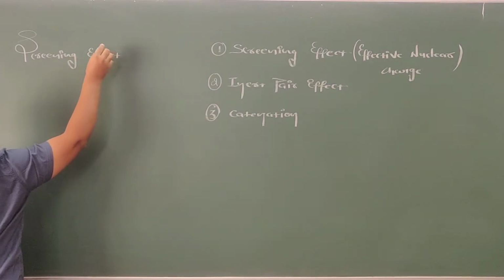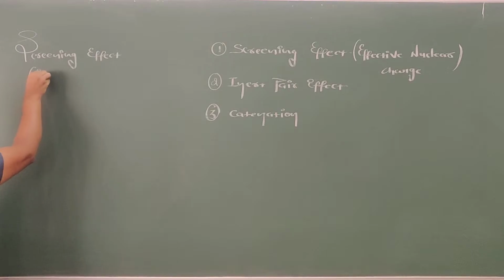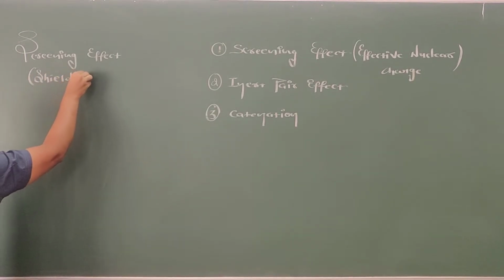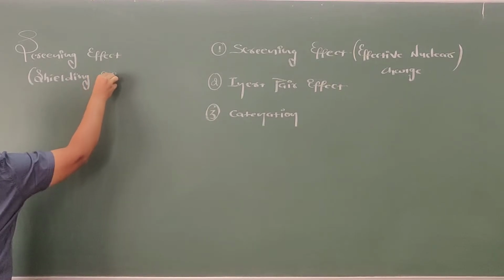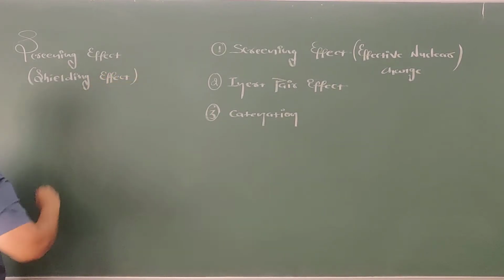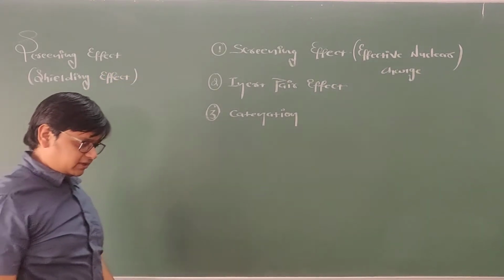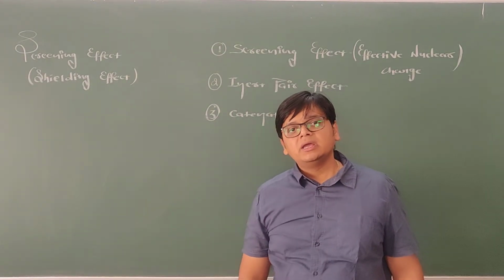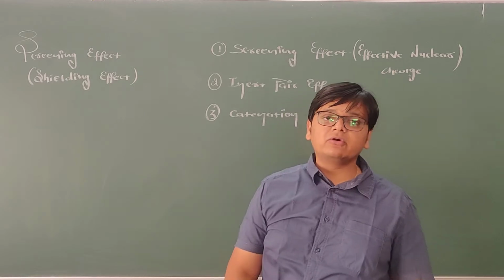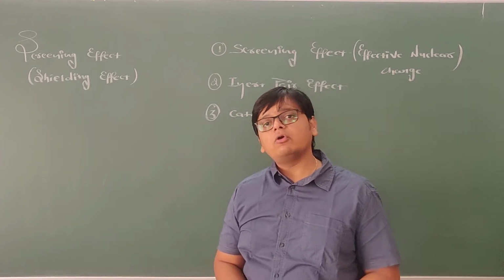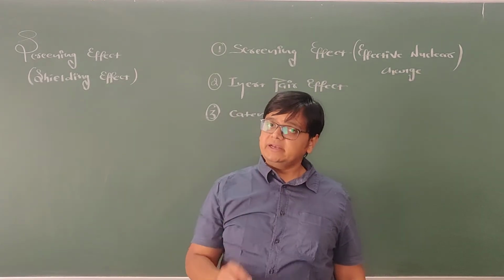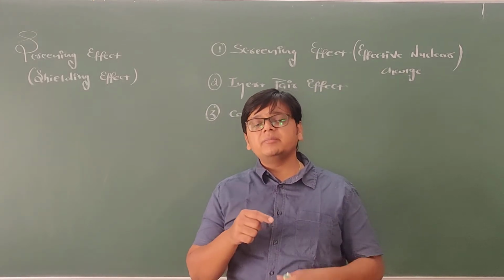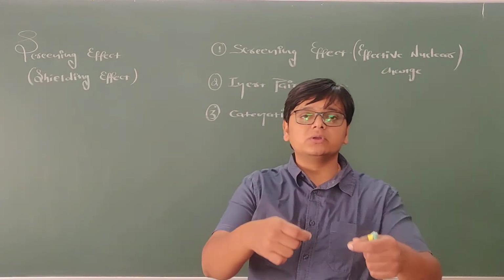The synonym of screening effect is shielding effect. So either we can say screening effect or shielding effect. It can be observed in an atom when the atomic number increases gradually.